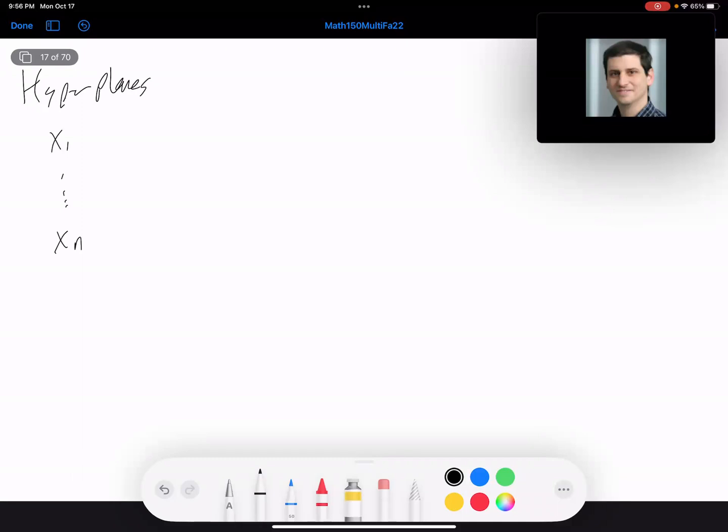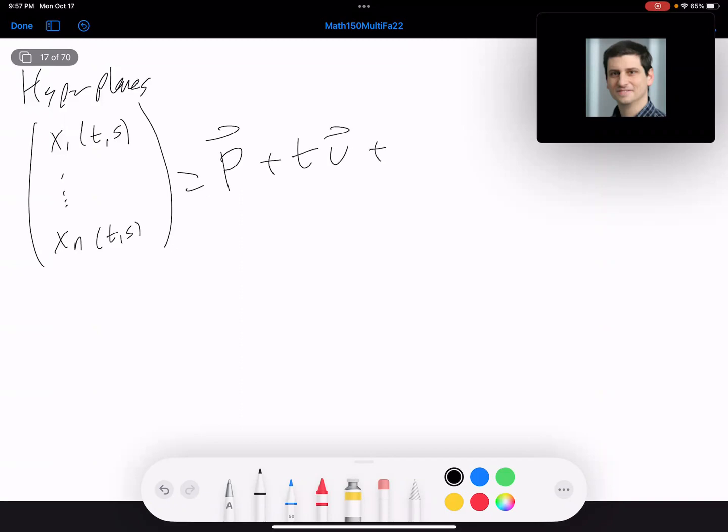A line was a one-dimensional object, and a plane is a two-dimensional object. We could have a plane in n dimensions, with t and s. It would still just be p plus t times the first vector plus s times the second vector.